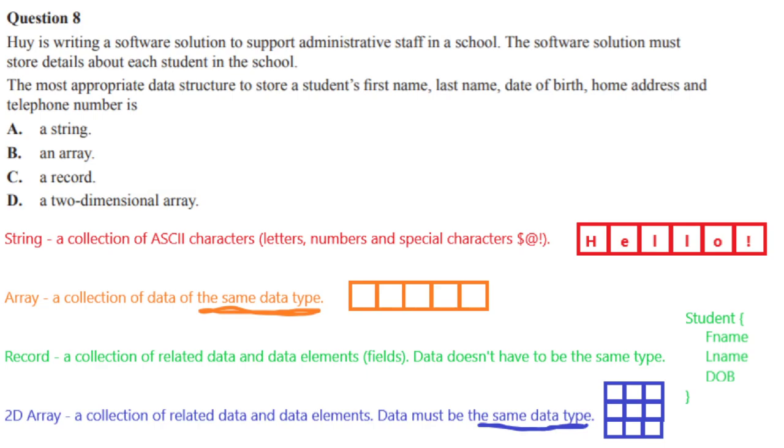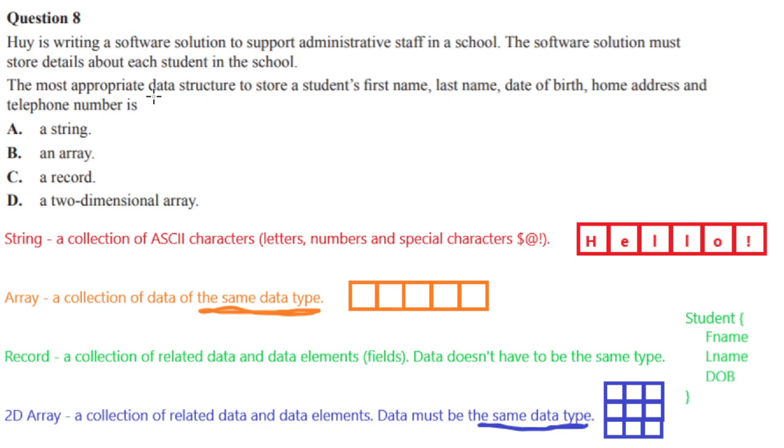So now I've gone through a little bit of this, I'm going to go through the question now. Huey is writing a software solution to support administrative staff in a school. The software solution must store the details about each student in a school. So there might be 200 students, there might be 1,000 students, but each student has to have all their details stored.